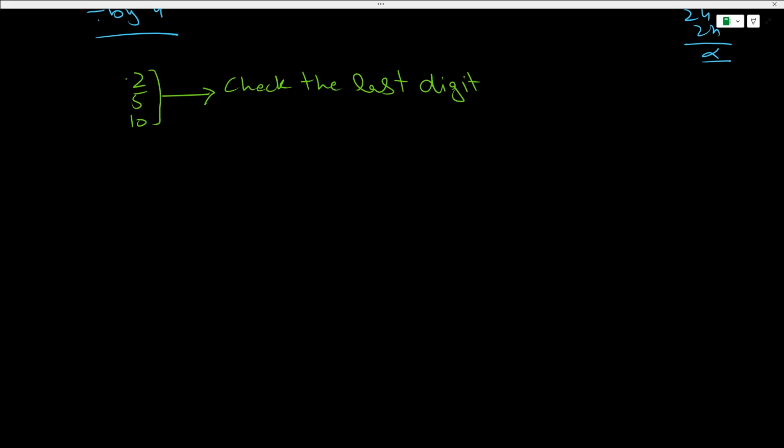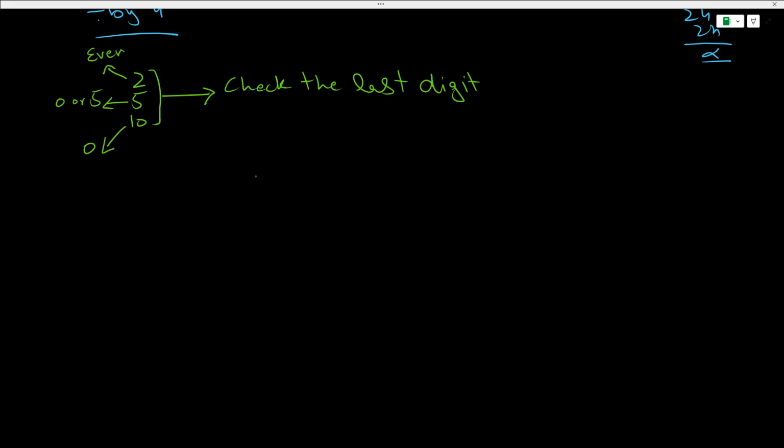For 2, the last digit should be even. To check the divisibility by 5, the last digit should be 0 or 5. To check the divisibility by 10, the last digit should be 0.